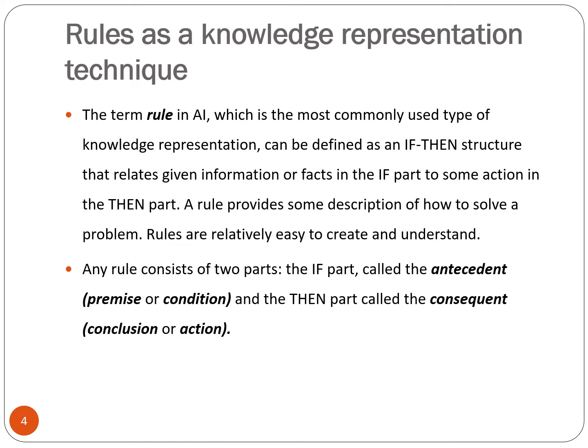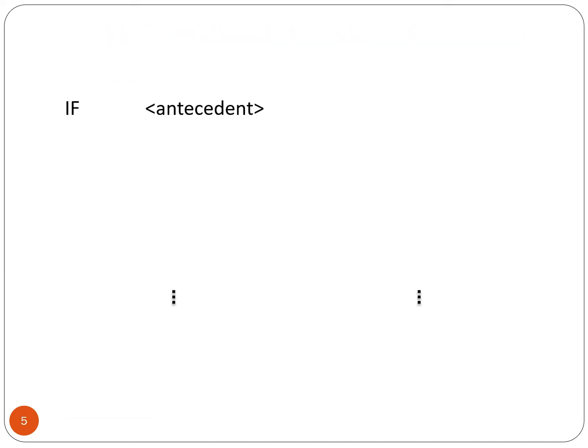So every rule must have these two parts. This is the general structure of rules. The if part is the antecedent, and the then part is the consequent.